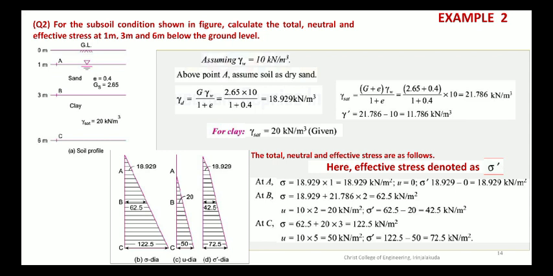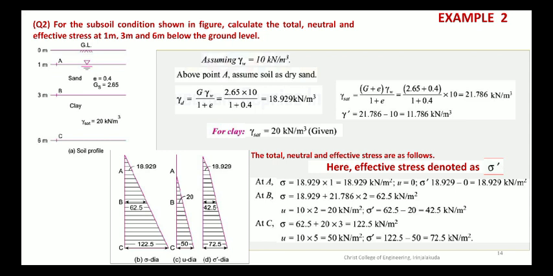Gamma saturated value into what is the depth? 6 minus 3, that is 3 meters. So that is 1 meter layer of dry sand plus 2 meter layer of saturated sand plus 3 meter layer of clay. This clay and gamma saturated value is different for that, it is given. So you have to add all these.